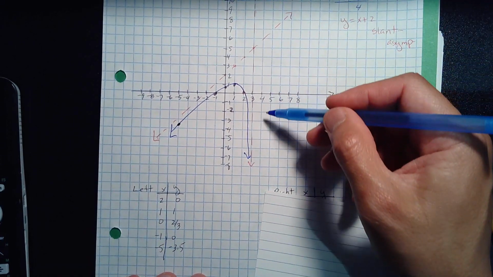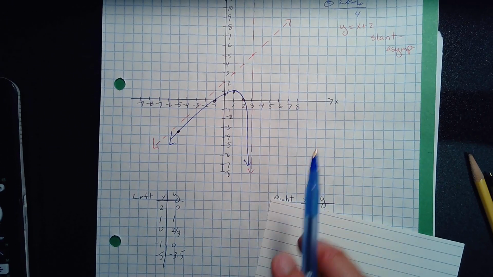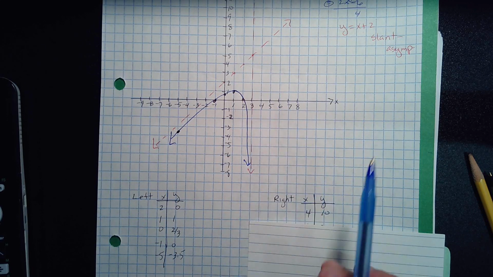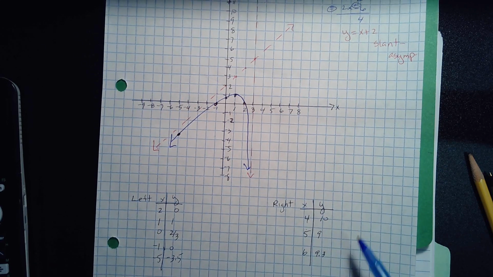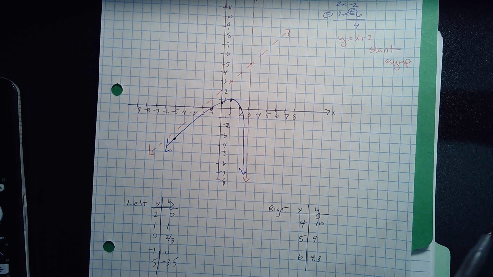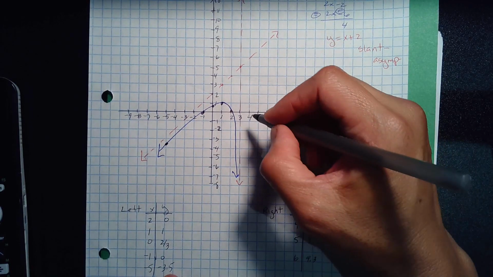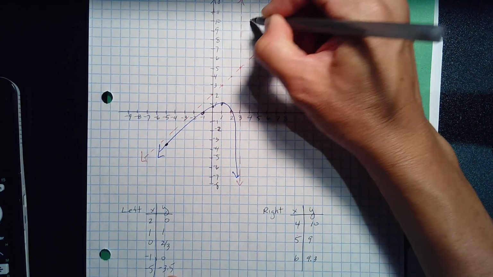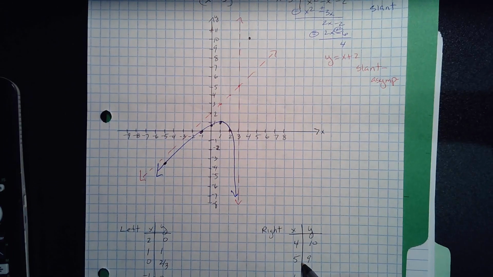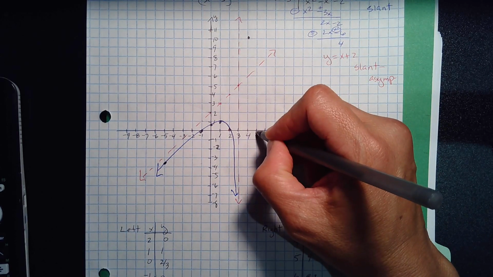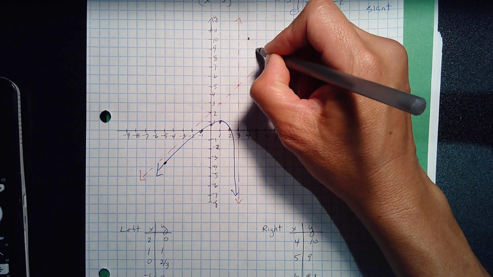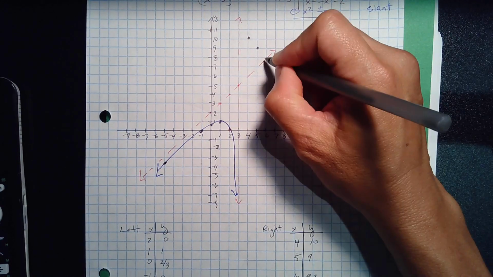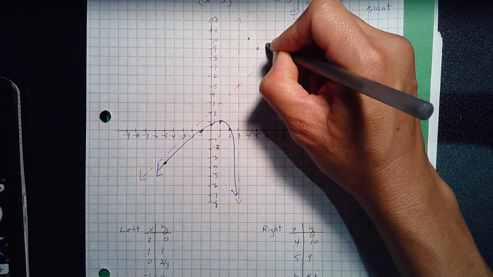Now based on the vertical asymptote, let's look to the right of 3. So that's why I have the word right. So to the right of 3 is 4, 5, 6. Put in the calculator. So 4, 10 is up here. 5, 9.5. And 6, 9.3. It's starting to go back up.